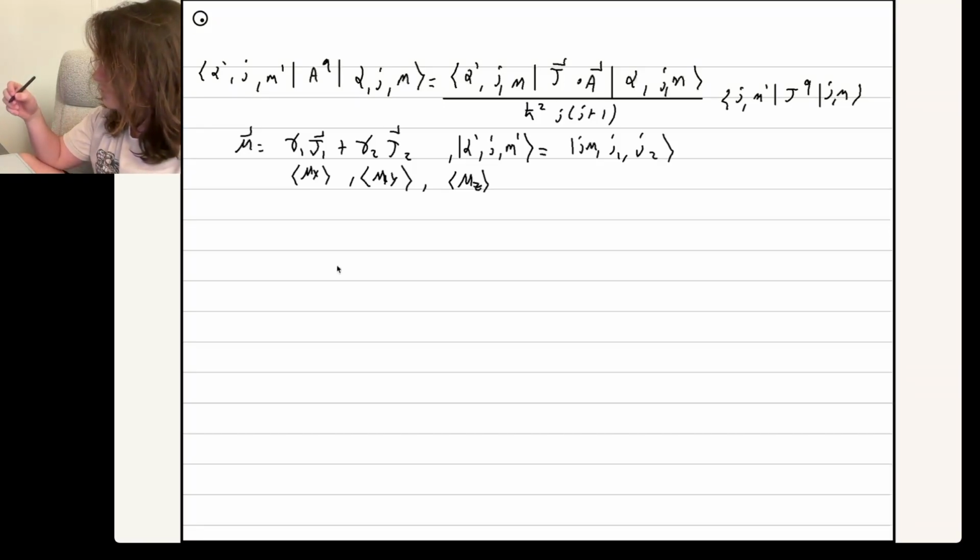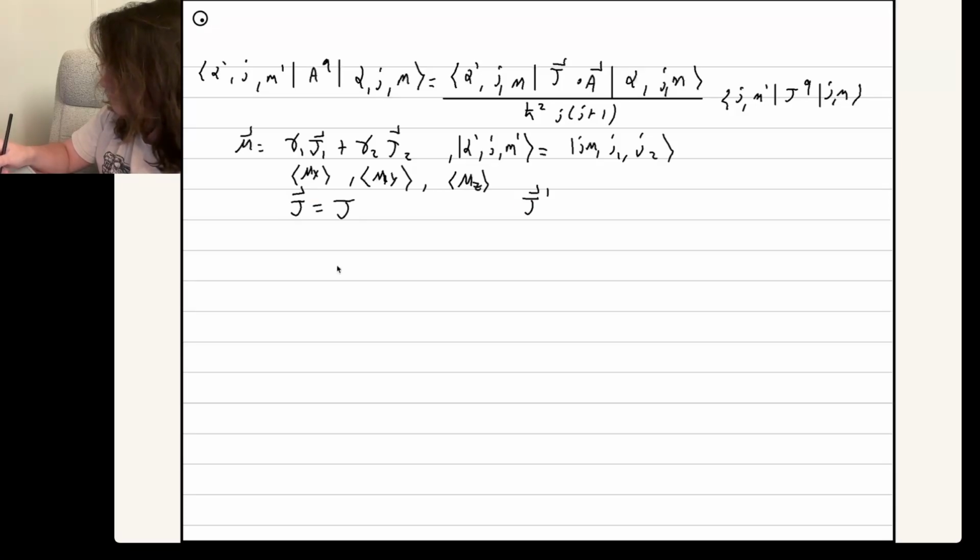So the first thing you want to do is re-represent mu as a linear combination of j and j prime, which I'll define as being the total angular momentum and a kind of truncated angular momentum, respectively.